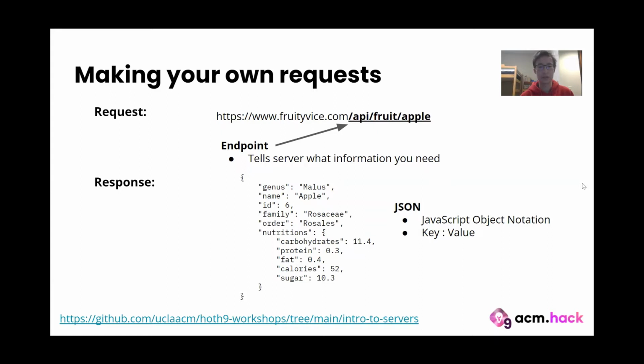It can be another string, like in this case, the name is apple, and apple is another string. So the key is a string, the value is a string in that case, or it can be an integer, like for the ID, the value is 6, or you can even have another object inside an object. So the curly braces here denote an object, and we can see that inside the nutritions key, the value is actually another object here, as denoted by these curly braces, and it has a bunch of keys with values of their own.